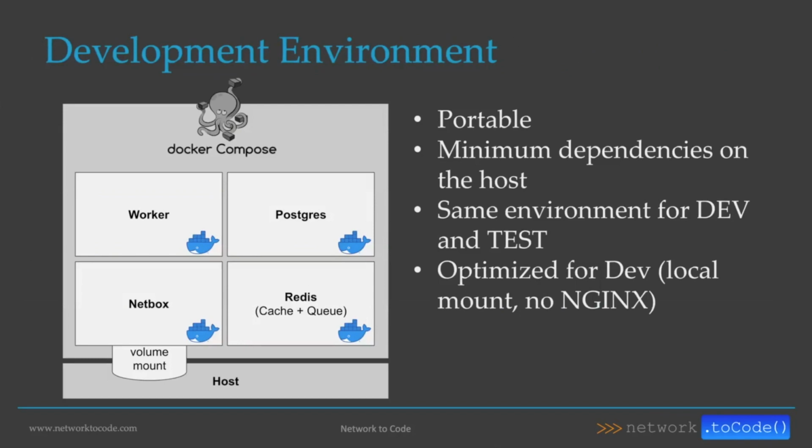Here, the difference is that this project is optimized for development. For example, there's no nginx. There's a lot of things that are not here. One thing that we're doing as well is mounting the local directory of my plugin into my NetBox container, so that I can still develop as if the code was local, but it's actually running in a Docker container.